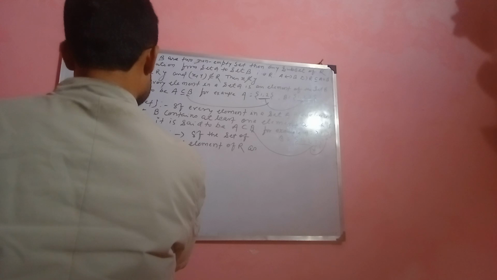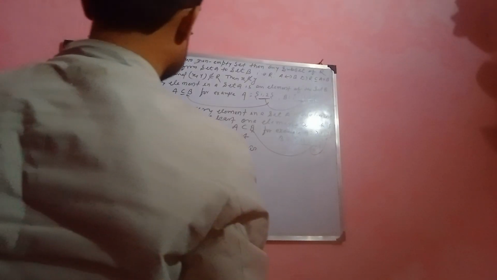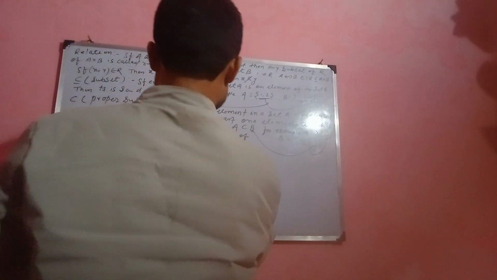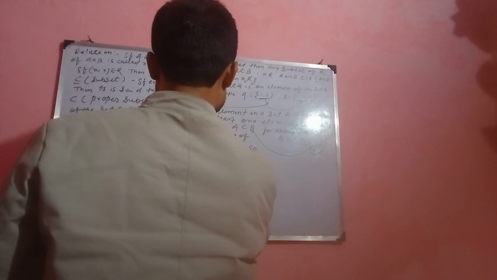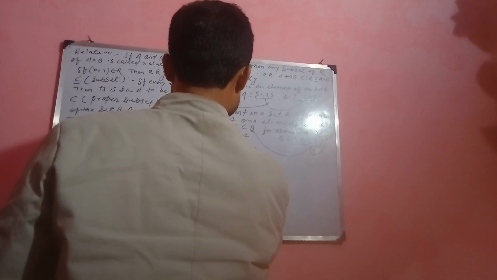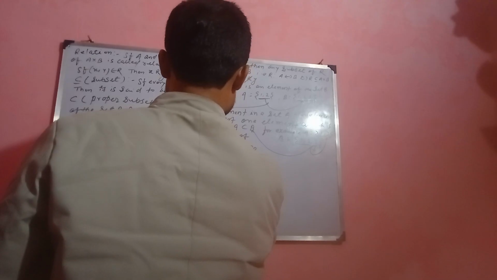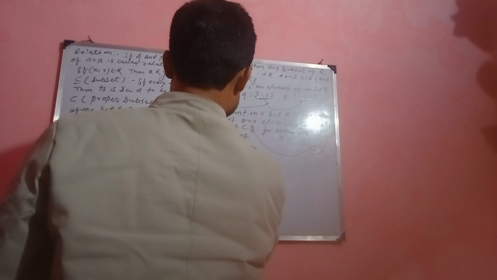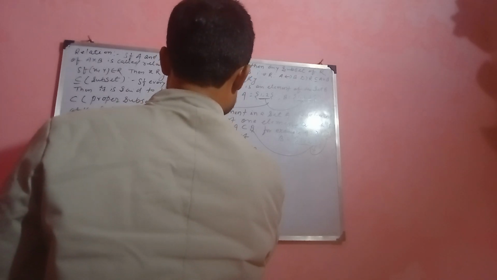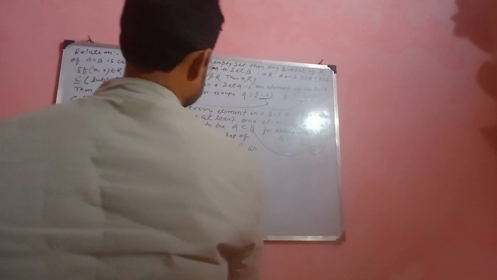For example, in set A we have 1, 2, 3, and in set B we have 1, 4, 9, 16, and the function f(x) equal to x square, which has the image of 1 as 1, of 2 as 4, and of 3 as 9.